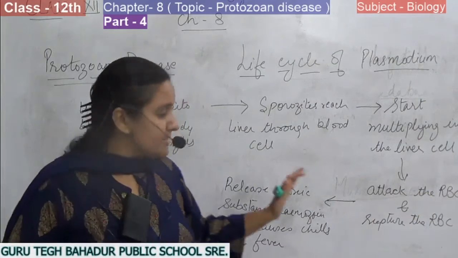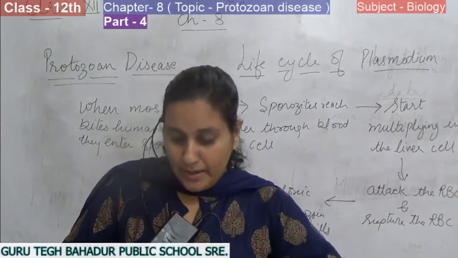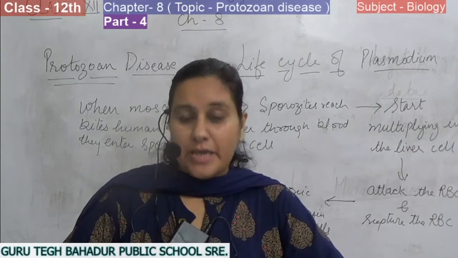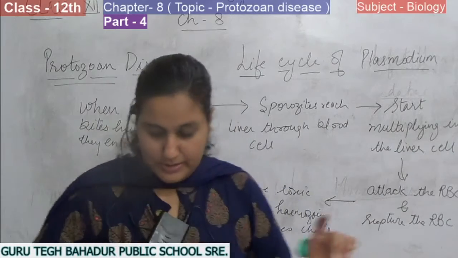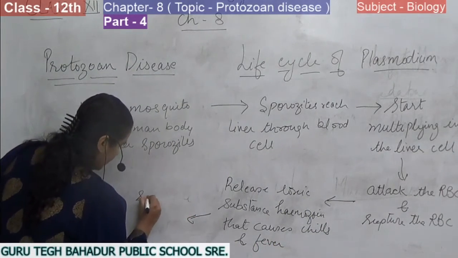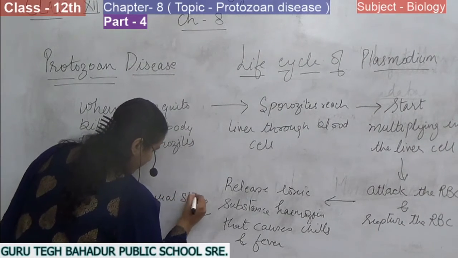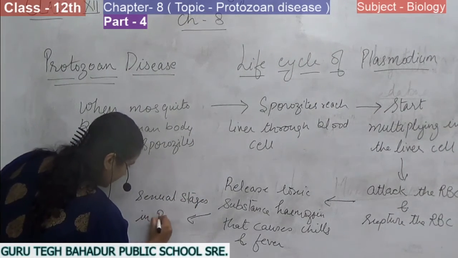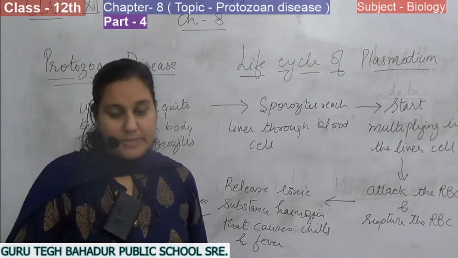Now after releasing this substance, the protozoan becomes sexual. They start developing their sexual stages in the red blood cells.